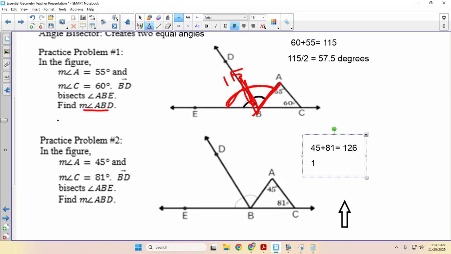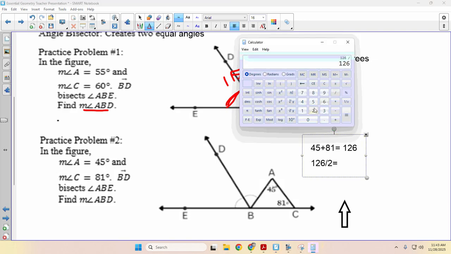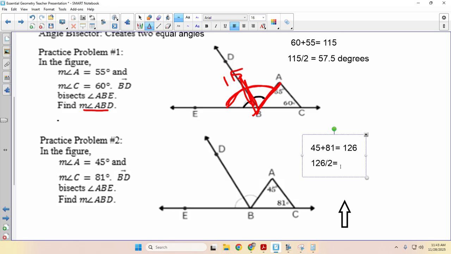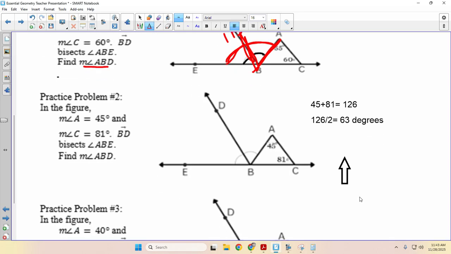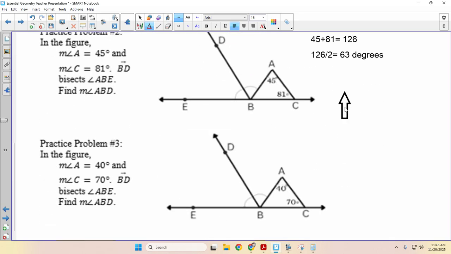And then we're going to take our 126 and divide by 2. Oh, it's 63, yay. Okay, so our answer is going to be 63 degrees. All right, go ahead and pause this video. Do practice problem number 3. And once everybody has it done, go ahead and press play and reveal this answer.